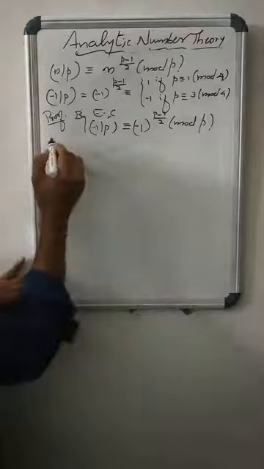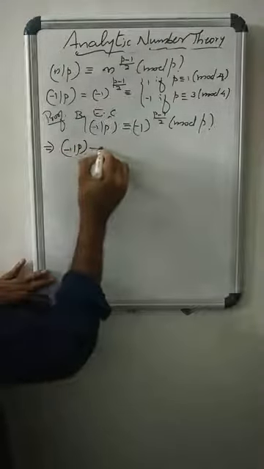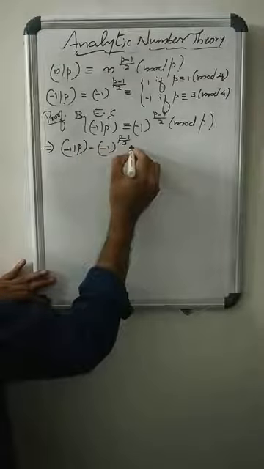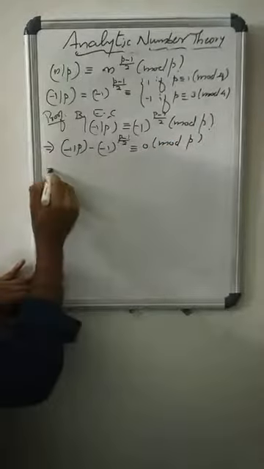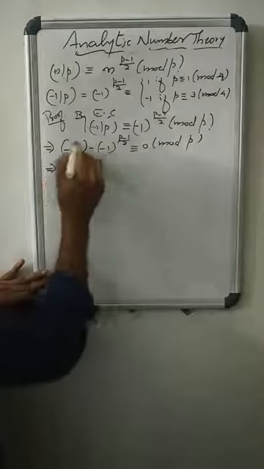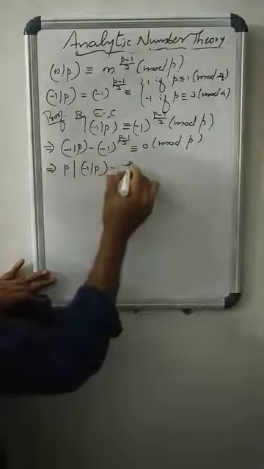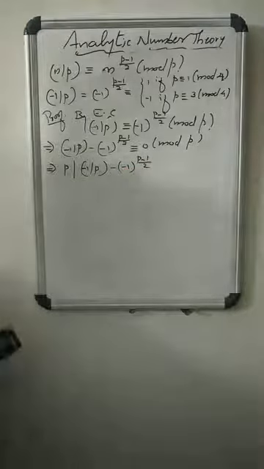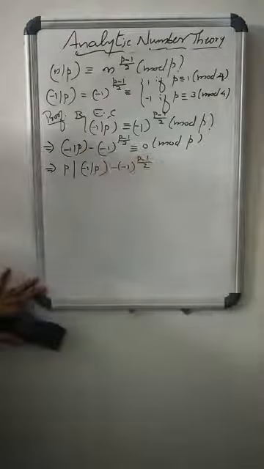That means (-1/p) - (-1)^((p-1)/2) is congruent to 0 mod p. So p divides this difference. But what is p? p is an odd prime.